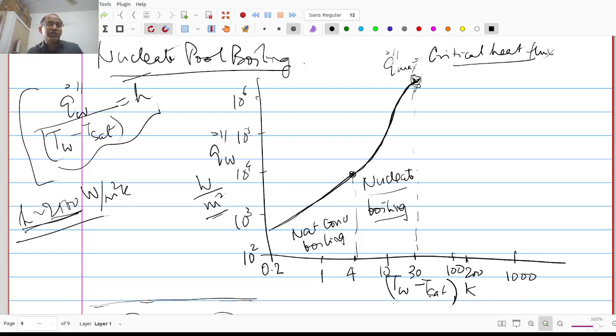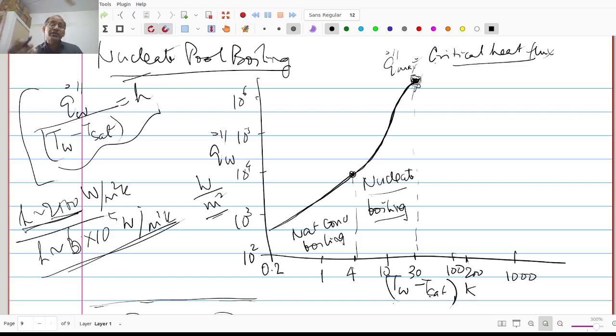So it is something like 200 by 30, somewhere like 6 into 10 to the power of 5. So in this location, h is of the order of 6 into 10 to the power of 5 watts per meter square Kelvin, which is very, very high as compared to what is there in the natural convection boiling region. So this is what we call the critical heat flux.